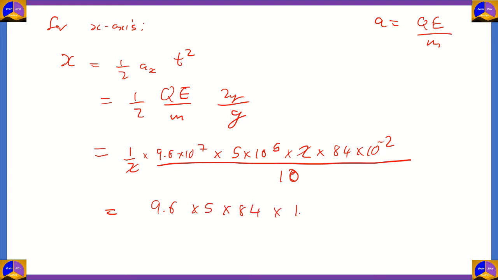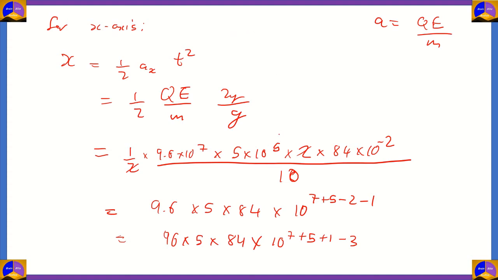Then you have 9.6 into 5 into 84. And then you have 10 raised to 7 plus 5 minus 2 minus 1. So therefore you will get 96 into 5 into 84 times 10 raised to 7 plus 5 plus 1 minus 3.